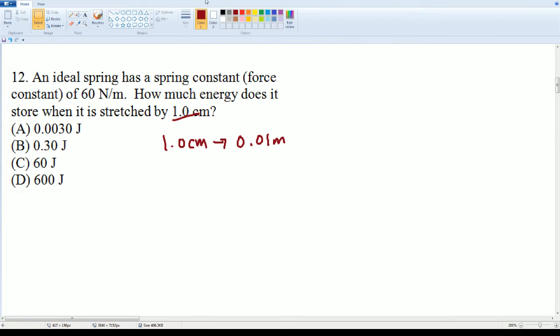Alright, so let's just grab a couple of things. How much energy does it store when it's stretched there? So I need to know how much energy, in joules.